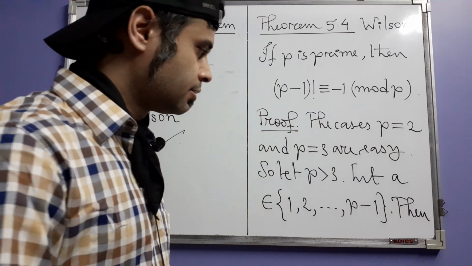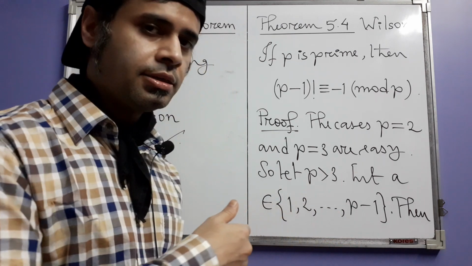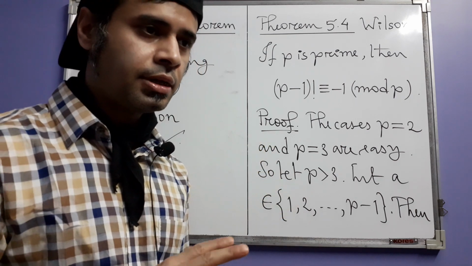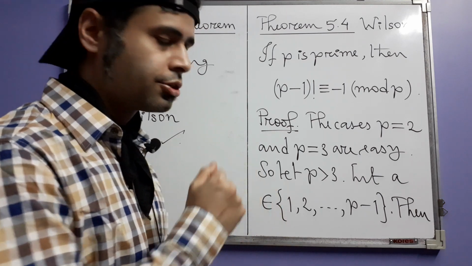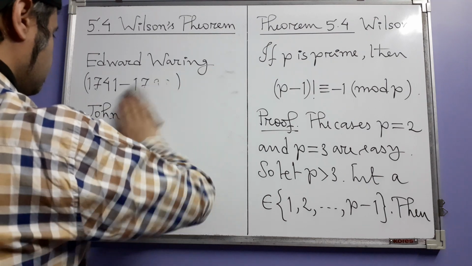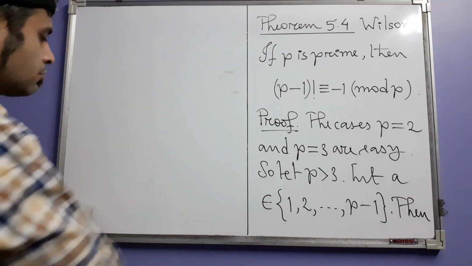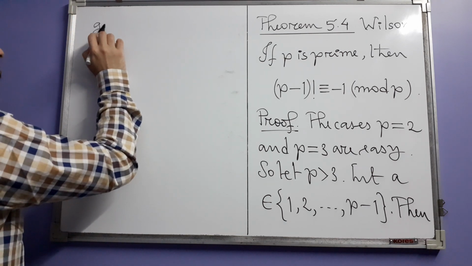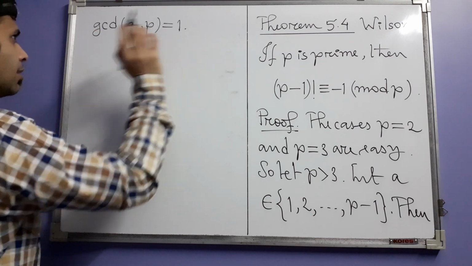Well, that's because A is positive, coming from this set, A is positive and A is less than P. That means P does not divide A. And this condition and the fact that P is a prime tell us that A should be relatively prime to P. Then GCD of A and P is 1.